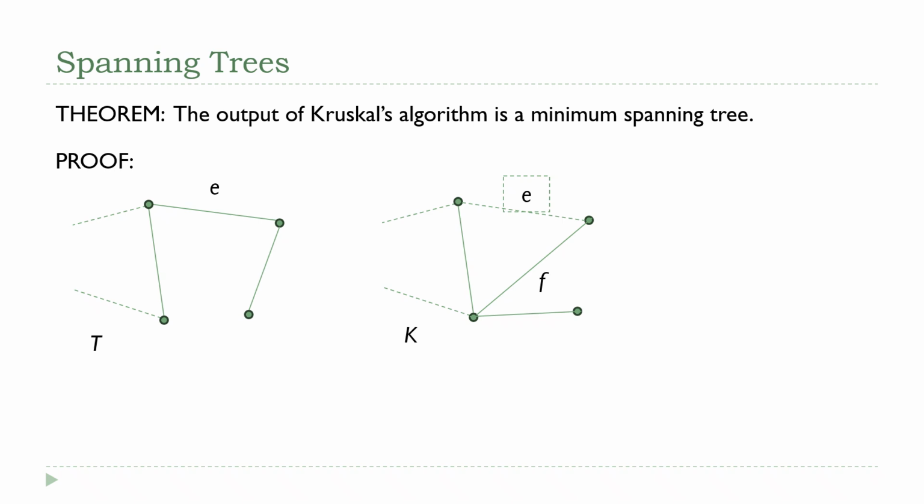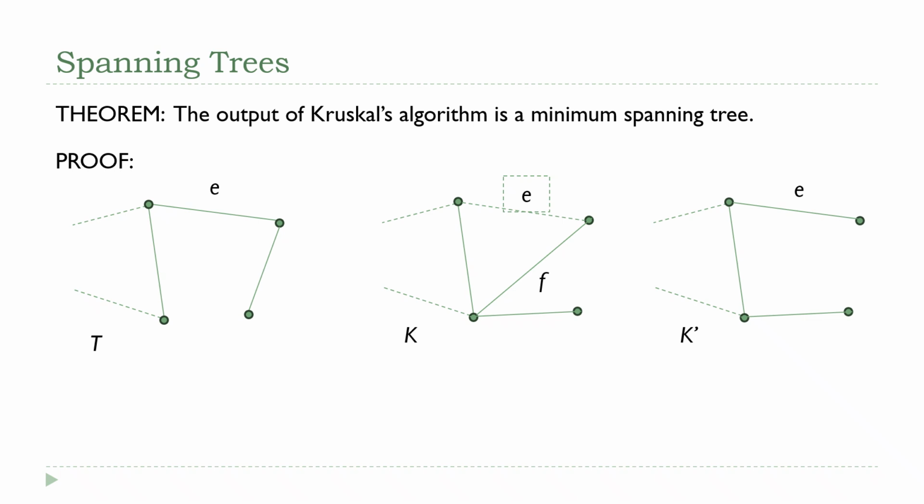Okay, now here's what I'm going to do. I'm going to make a new graph. I'm going to let T prime be the graph made by taking K, removing F, and adding E. Right? T prime is connected, since to build it we removed an edge from a circuit. And in a connected graph, removing an edge doesn't make it disconnected.